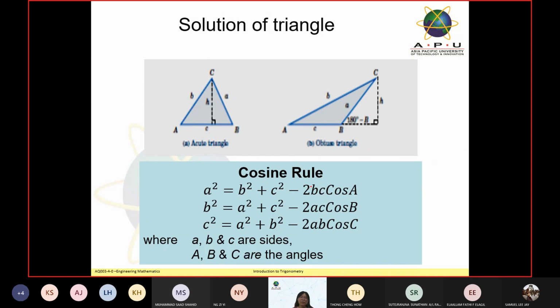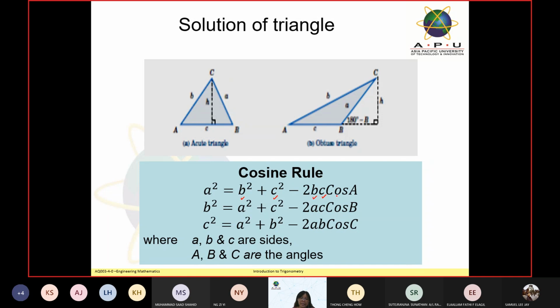For the cosine rule, the formulas involve three sides and one angle. Looking at the formula here, a squared equals b squared plus c squared, minus 2bc cos A. Can you see this bc comes from here?